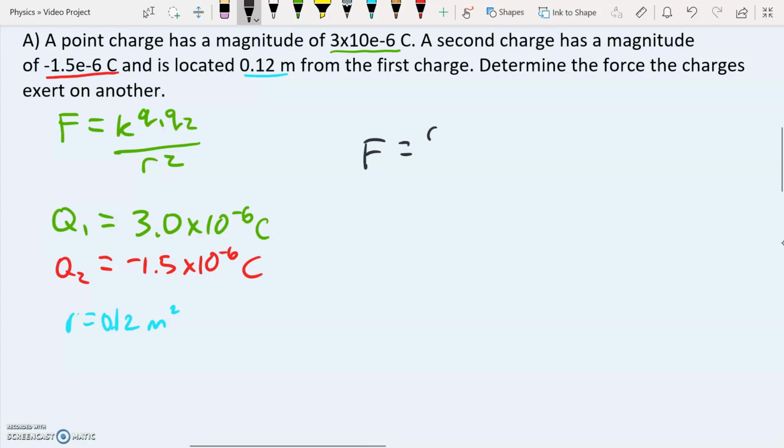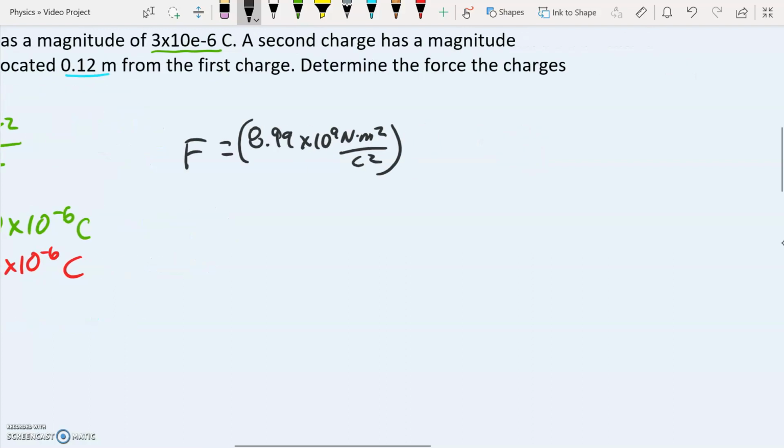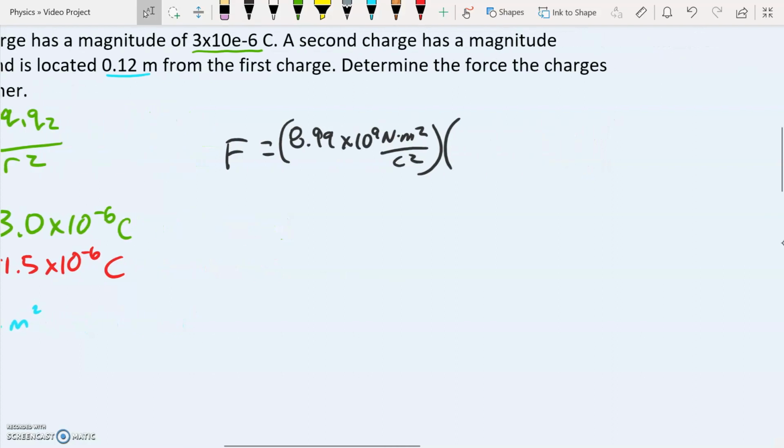Force equals K, which is our constant, multiplied by Q1, which we said was 3.0 times 10 to the negative 6 coulombs, times Q2, which was negative 1.5 times 10 to the negative 6 coulombs.